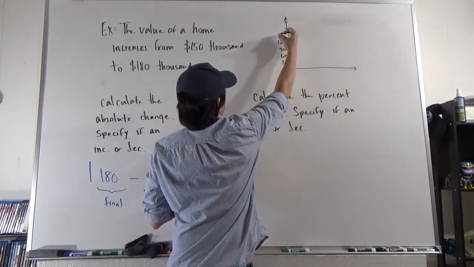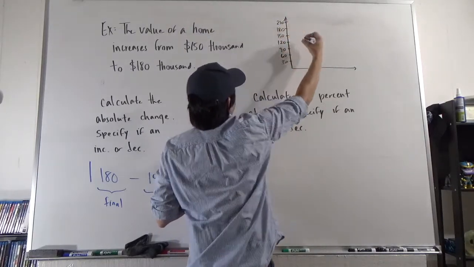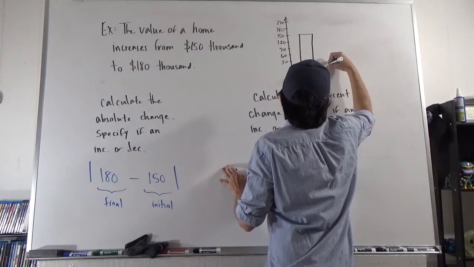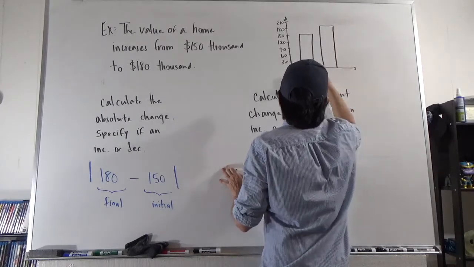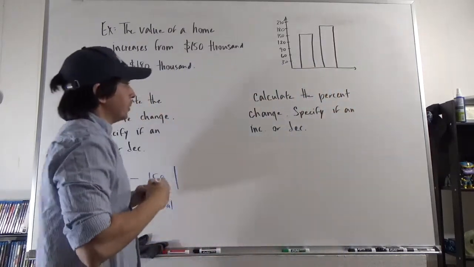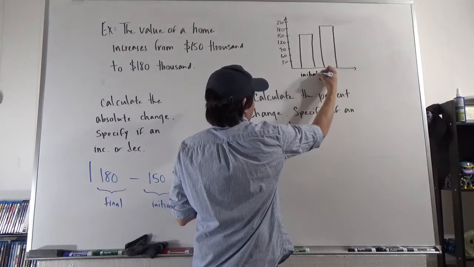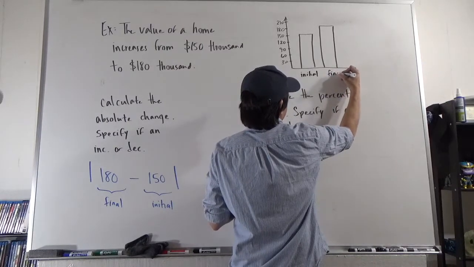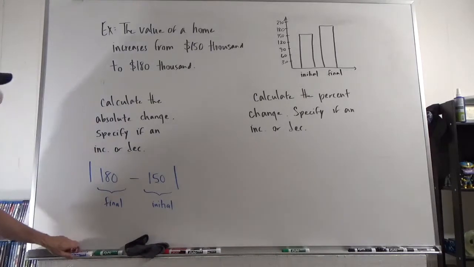But I want to just redraw it up here. Let me label this. This was 2020, but we're going to call it the initial or base amount. This was 2021. This is going to be the final value. And that's how we're tweaking that problem.